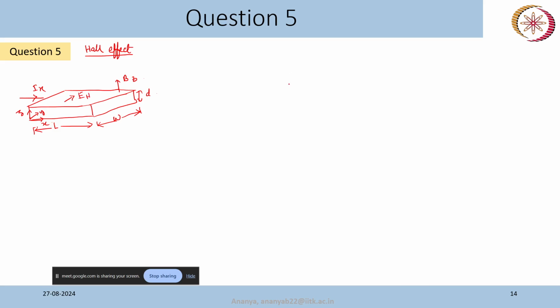Okay. So in the question, given L is equal to 10 to the power minus 1 centimeter, W is equal to 10 to the power minus 2 centimeter, and D is equal to 10 to the power minus 3 centimeter. Current Ix is equal to 1 milliampere. Bz, the applied magnetic field, is equal to 5 into 10 to the power 2 Tesla.